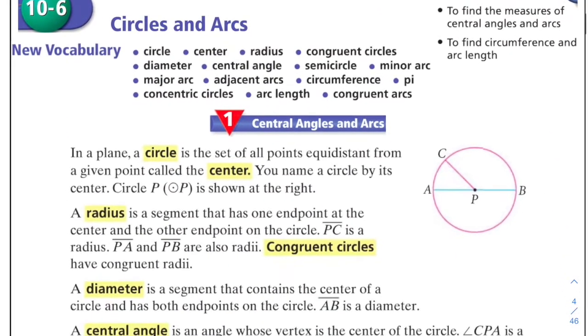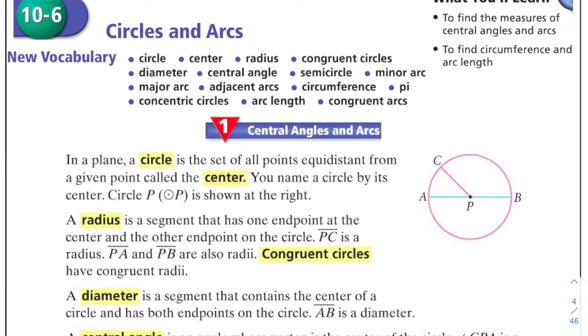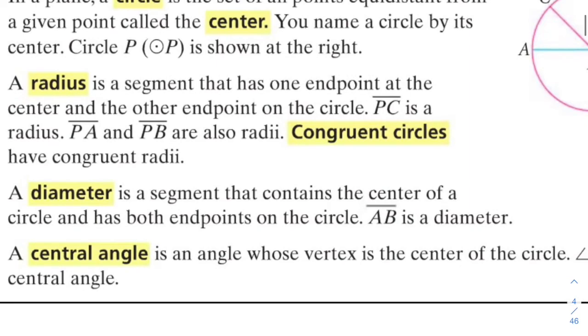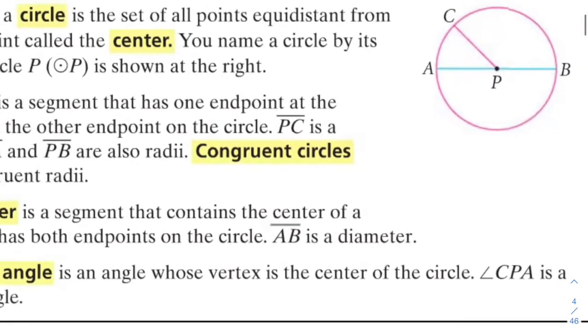So 10.6 is circles and arcs. We talked about all of those things above. One thing that we haven't talked about yet is congruent circles. Congruent circles are all circles that have congruent radii.